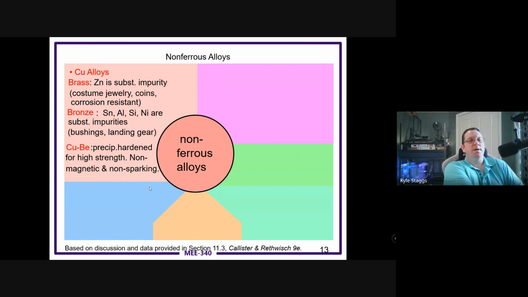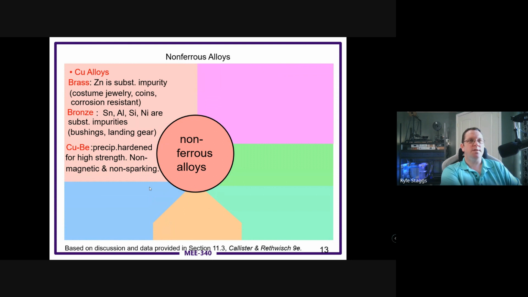Bronze and brass are really good alloys used for a lot of things. So brass has zinc. It's a substitutionary impurity and it's done purposefully, whereas bronze has got tin and aluminum and silicon and nickel.